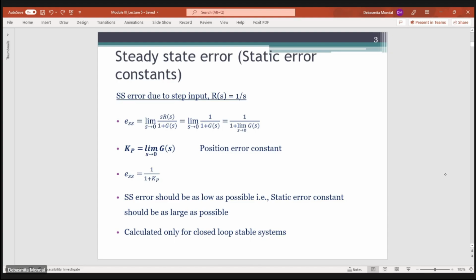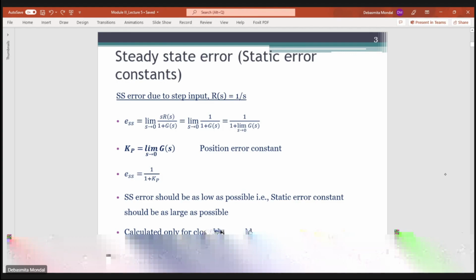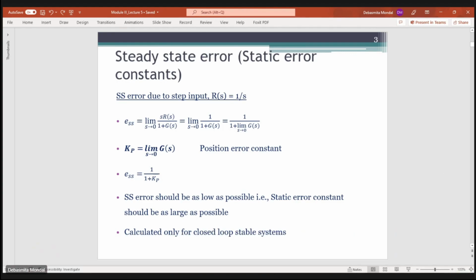So E_ss for a unit step input will be given by 1 divided by 1 plus limit s tends to 0 of G(s). This limit s tends to 0 of G(s) is known as the position error constant, and you can write E_ss equal to 1 by (1 plus Kp). The goal for a good design is that we should always try to minimize the steady state error, as low as possible.